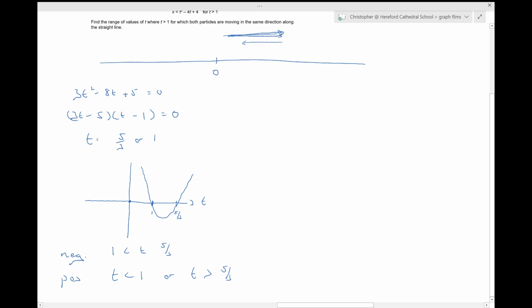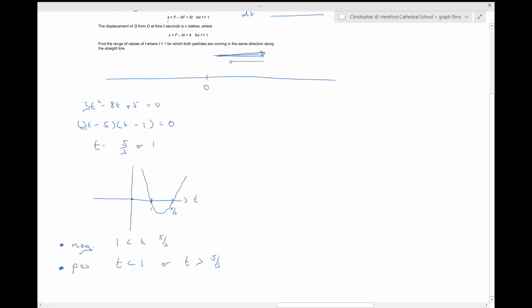So my particle is moving away from O when the distance is increasing, when it's positive, and it's moving towards O when the distance is decreasing and my function is negative. Good. So that tells me when that first particle is moving to the left or to the right.